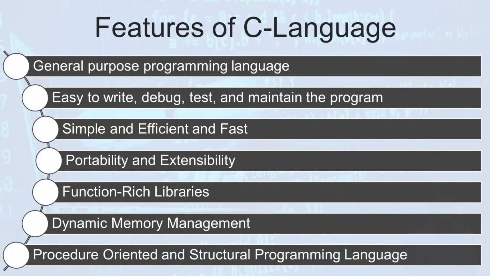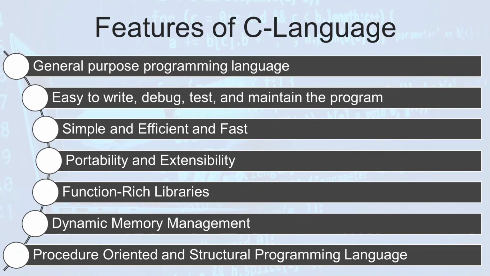And finally, C programs are procedure oriented and structural programming language. Now what is procedure oriented? We can divide large program into small parts known as procedures or functions. So C divides larger program into small procedures or functions.